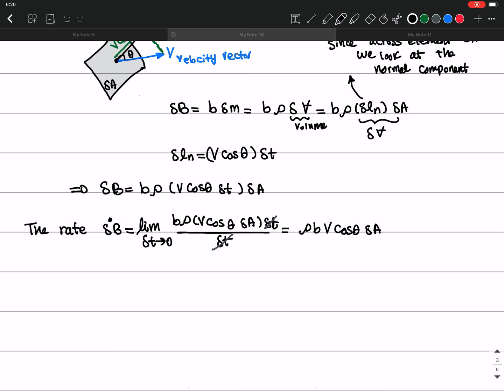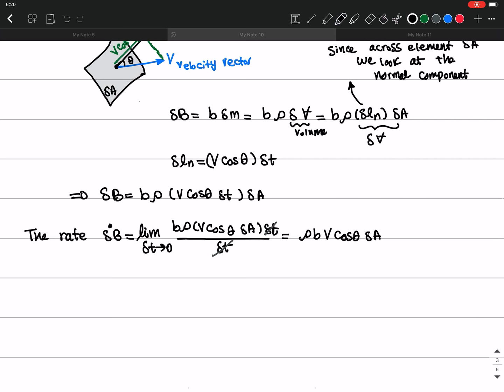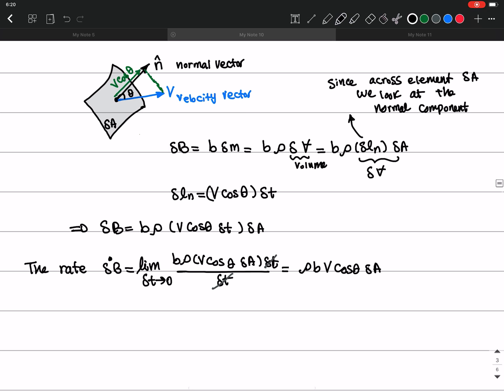So now I want to define something that you have probably learned in your algebra, and that is the dot product. Just for those who might not remember, the dot product of two vectors is defined as follows. So V cosine theta, let me write it the other way.